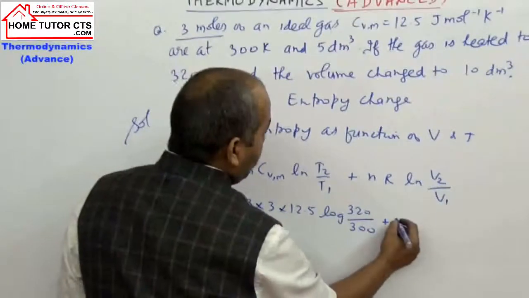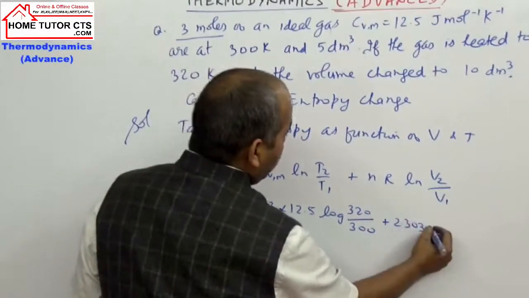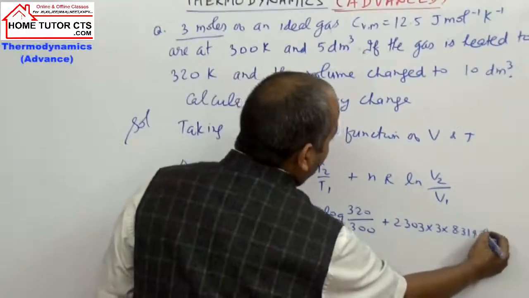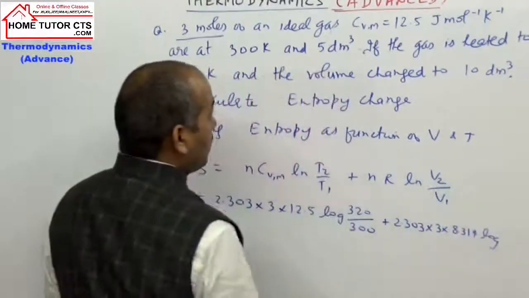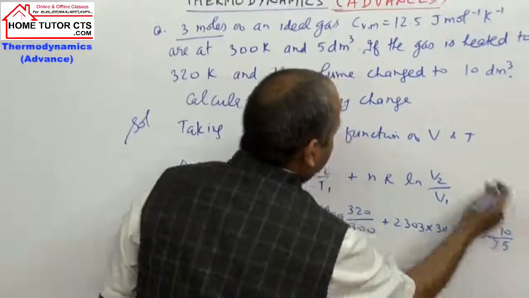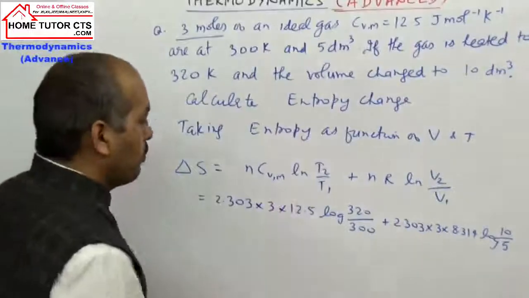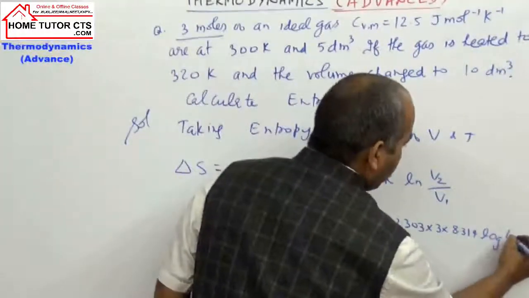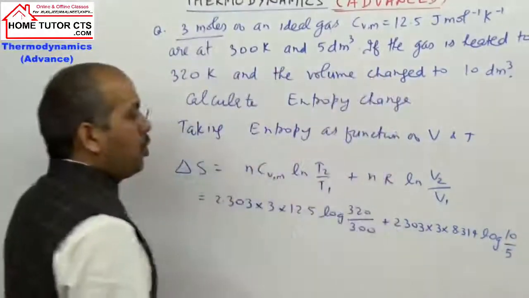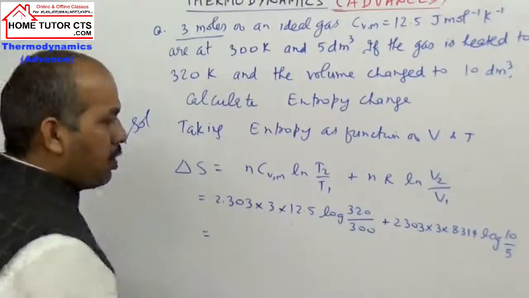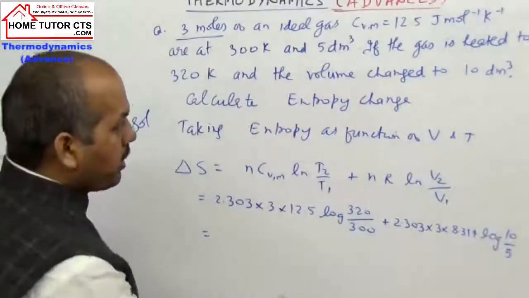Again 2.303, n is 3 moles, R is 8.314, log of how much is volume given? V2 by V1: final volume is 10, initial volume is 5. Log 10 by 5. So solving this, now only the calculation part is left. You can do this calculation.